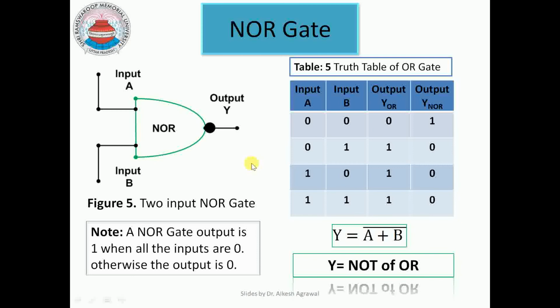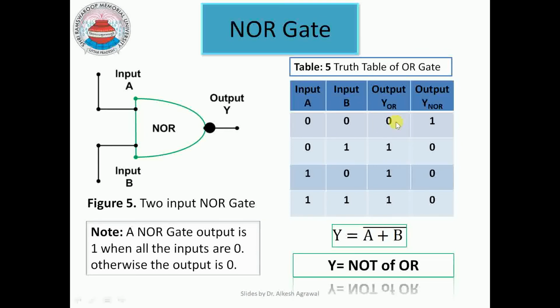In NOR gate, so NOR gate is again a combination of OR and inverter gate. Here again we have compared the OR output and the NOR output, and you can see both outputs are inverse in nature. And what is the uniqueness of NOR gate is NOR gate output is high when all the inputs are low. So this is reverse of what we are getting in the OR.